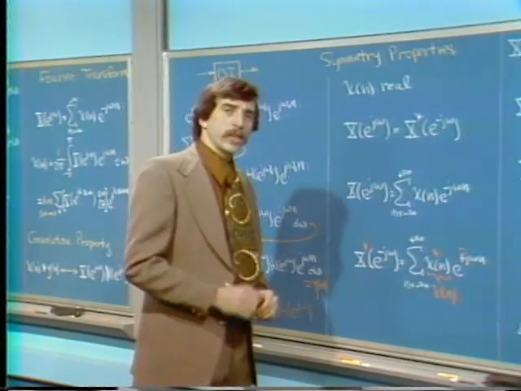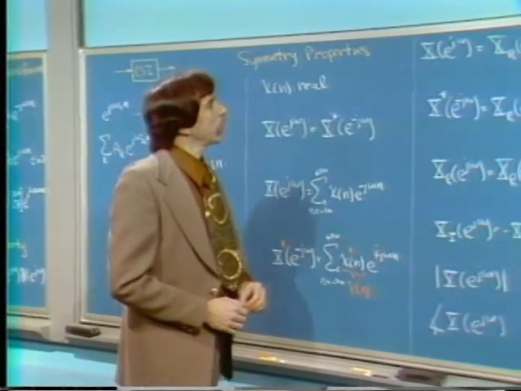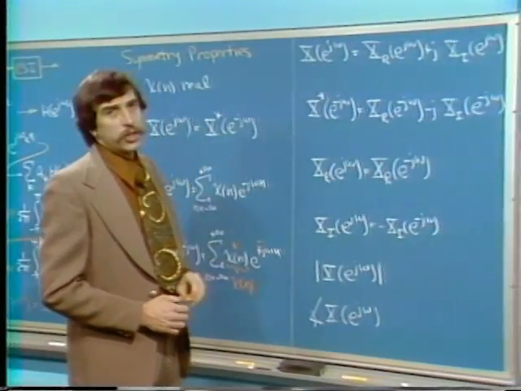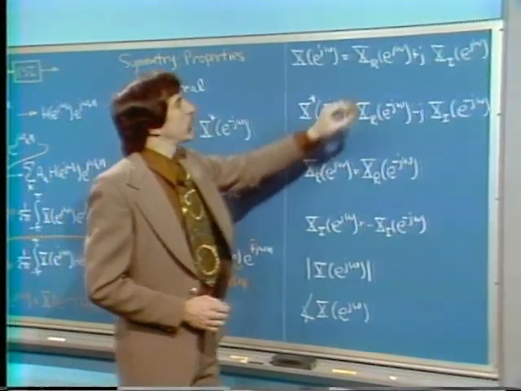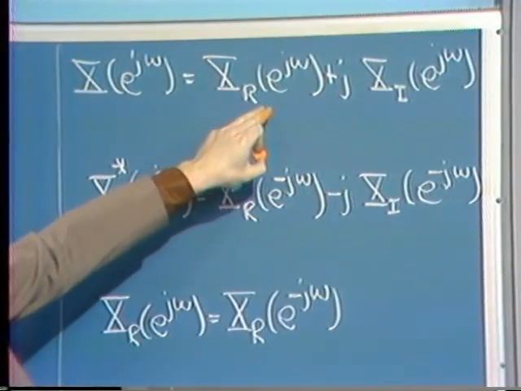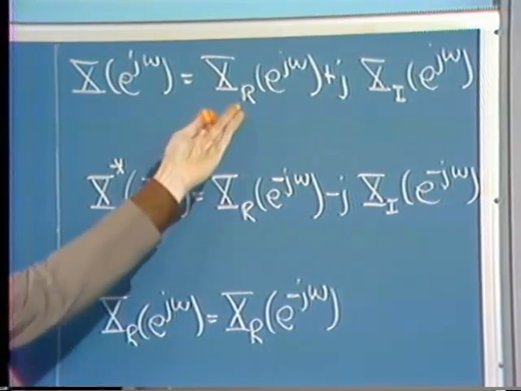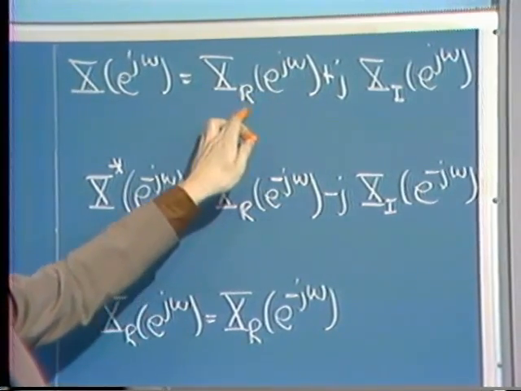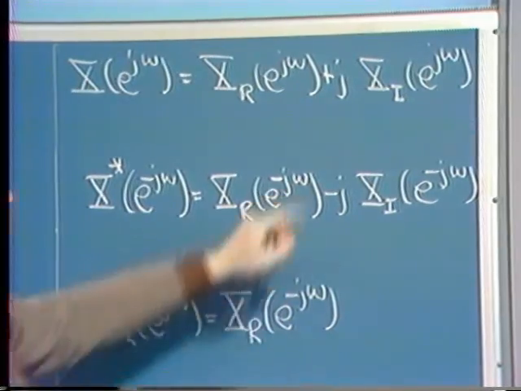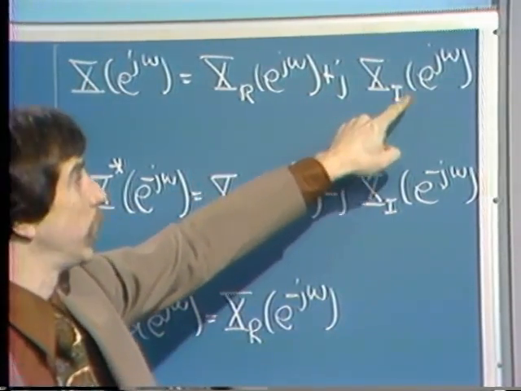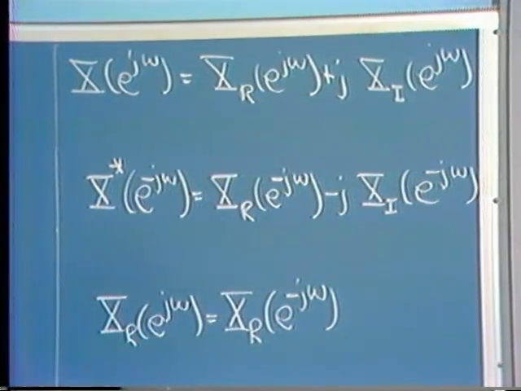Well, let's press that a little further. We have x of e to the j omega, which I can represent in terms of its real part and its imaginary part as, obviously, x sub r of e to the j omega, plus j times x sub I of e to the j omega.